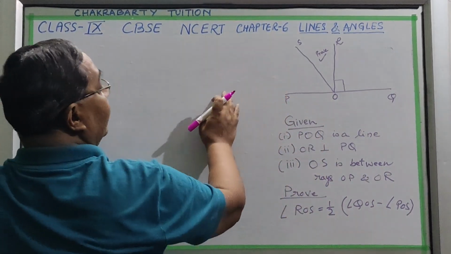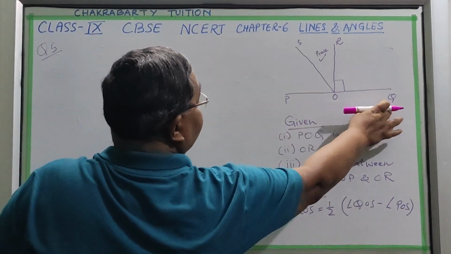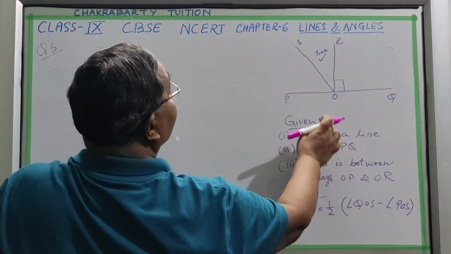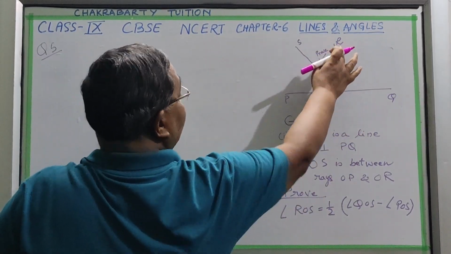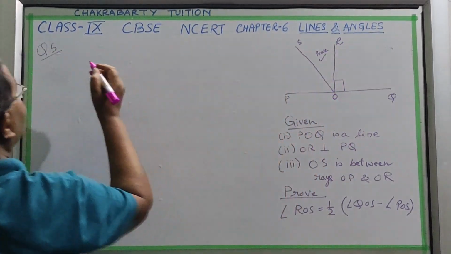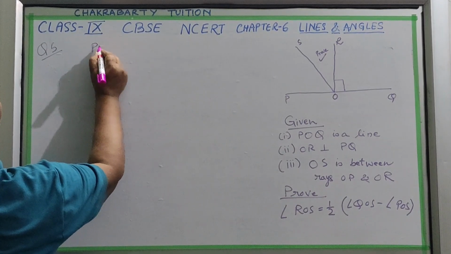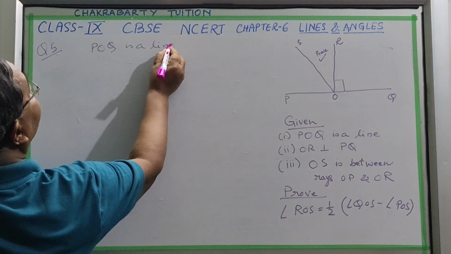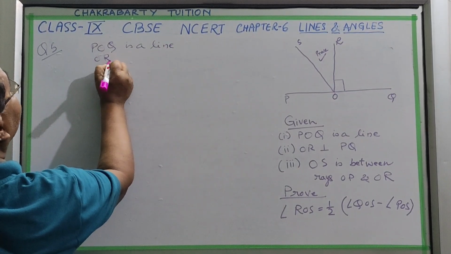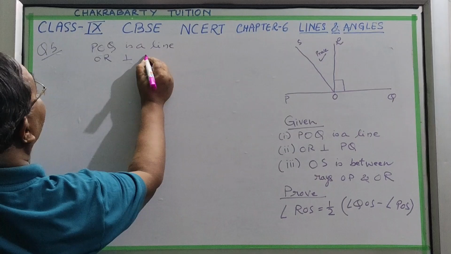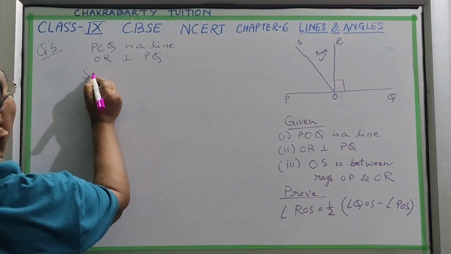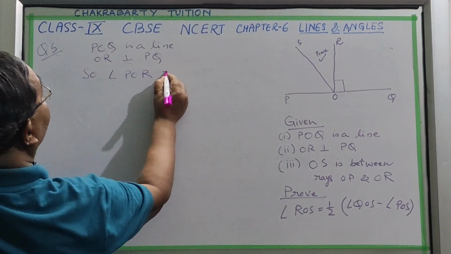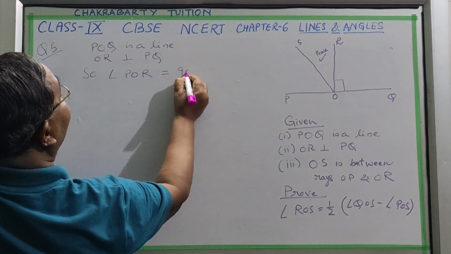Okay, so here POQ is the line and OR is perpendicular on PQ. So angle POR will also be equal to 90 degree.